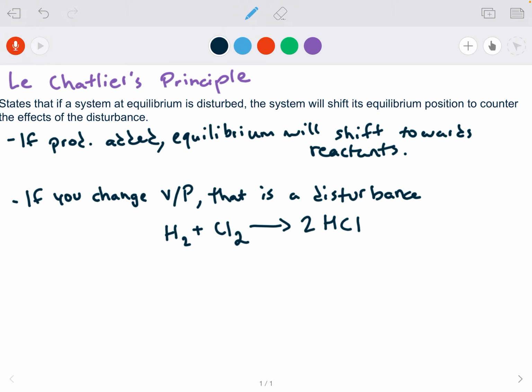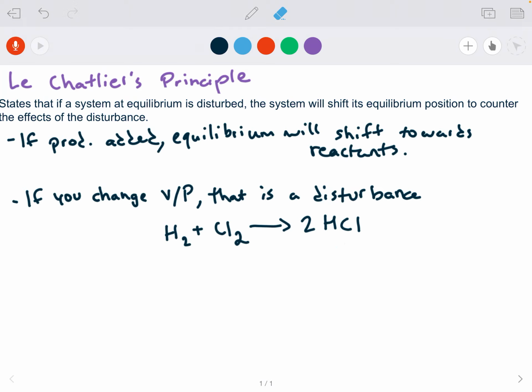In this case, changing the pressure or the volume isn't going to cause a shift because you have 2 moles of reactant and 2 moles of product. So you're not changing the number of moles when you go from reactant to product or product to reactant.